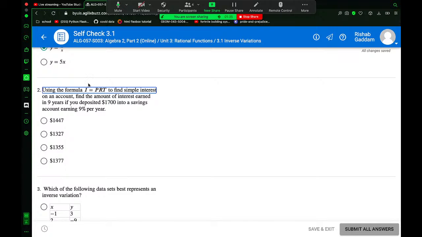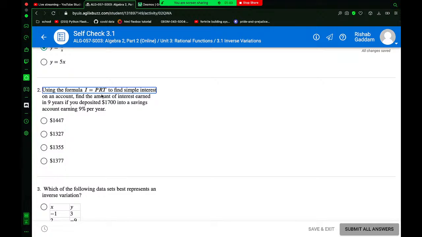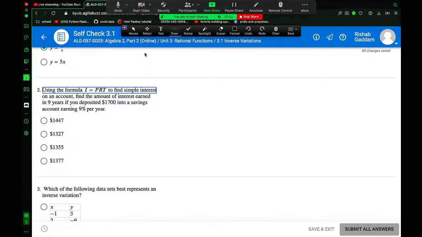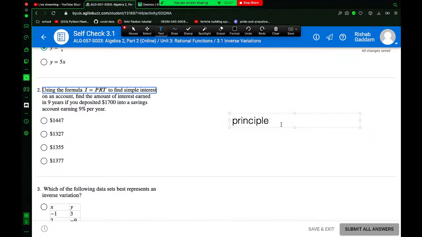So, Manya, this is the formula for simple interest. The formula is I equals P R T. P is the principal, and that's the amount that you first invest. You know banks, right?